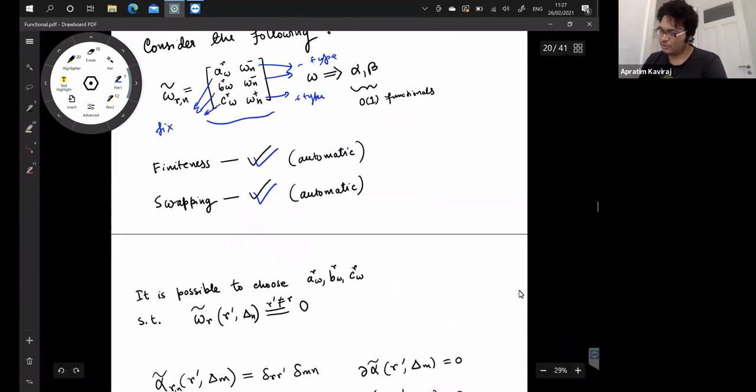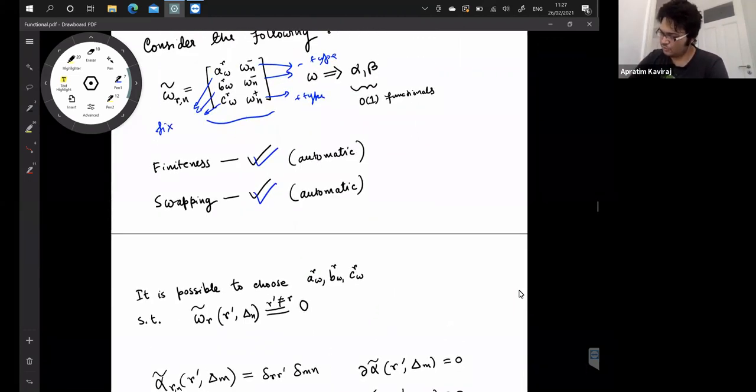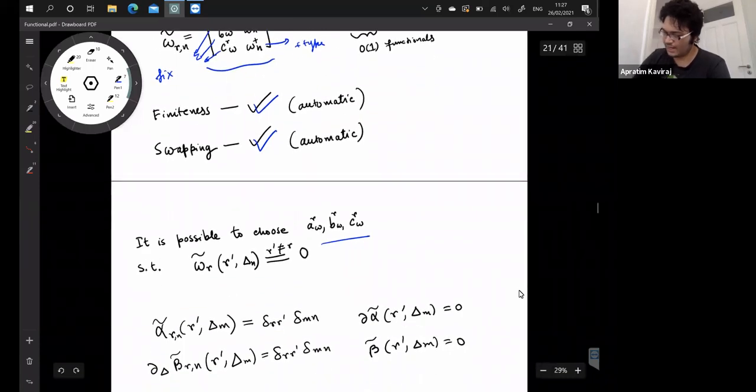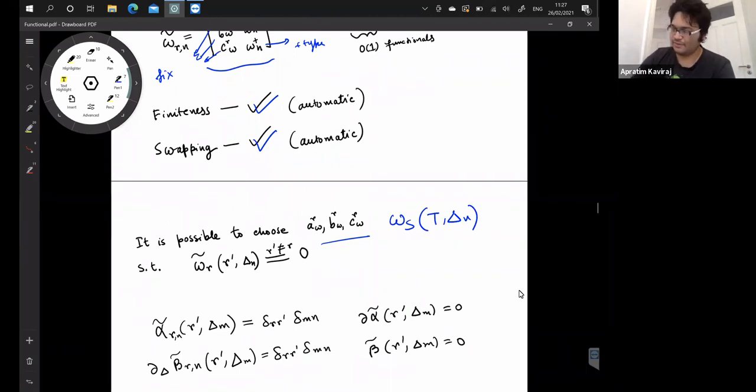It is possible to choose these A, B, and C so that if we have a functional like omega S, its action on the T-type vector, on the GFF values, the generalized free field values, is 0. So you can choose A, B, and C in such a way.